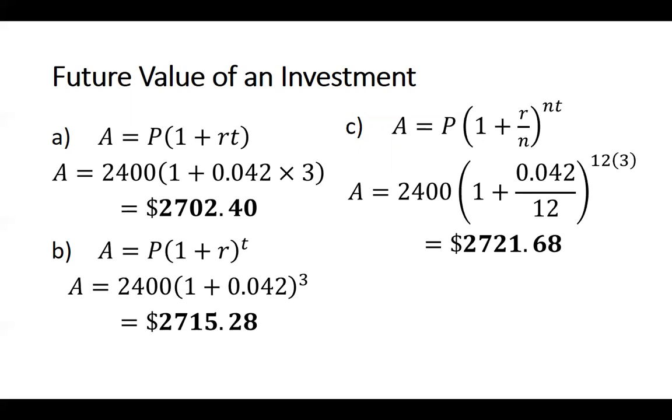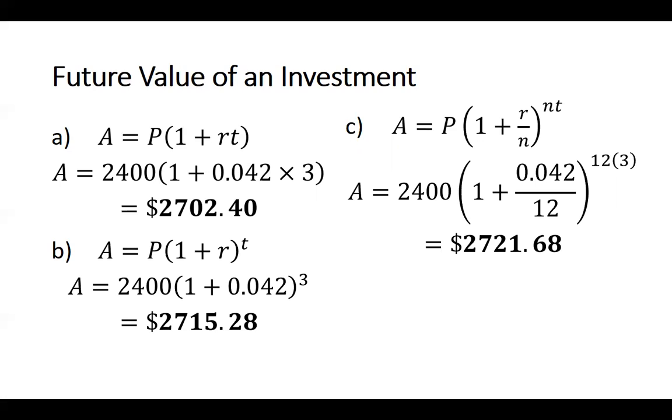So we come out with $2,721.68. Again, we made another $6.40 in interest, so we're over $19 more in interest by compounding monthly than by simple interest.